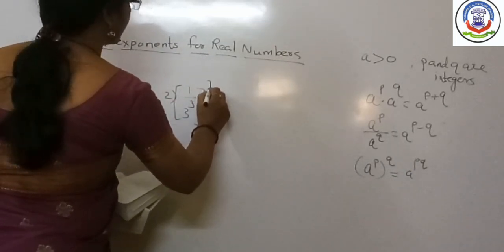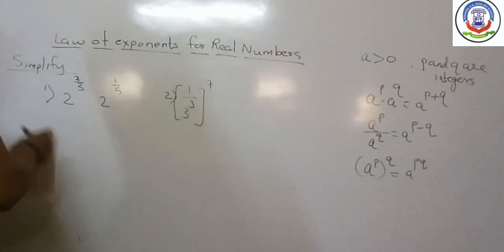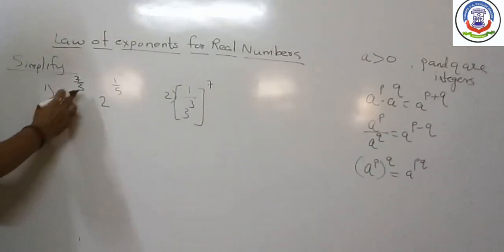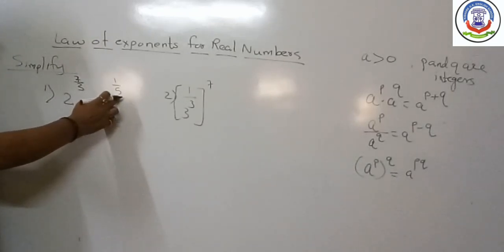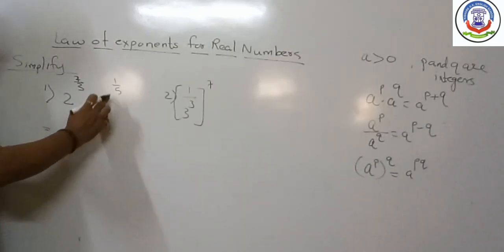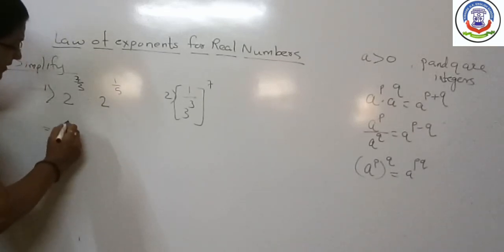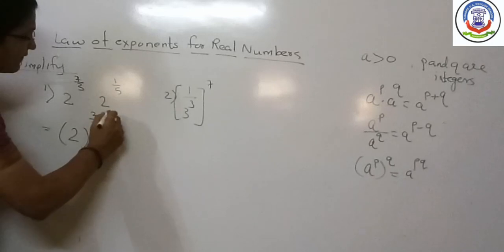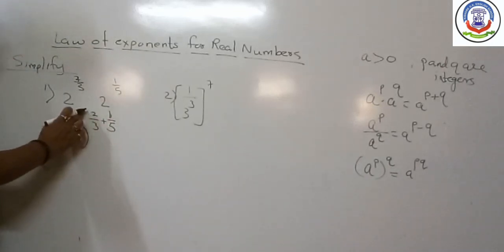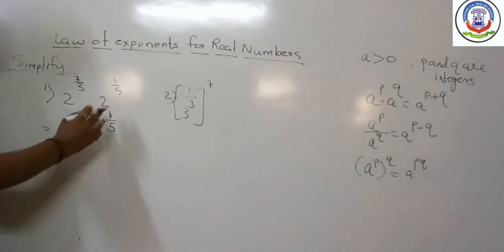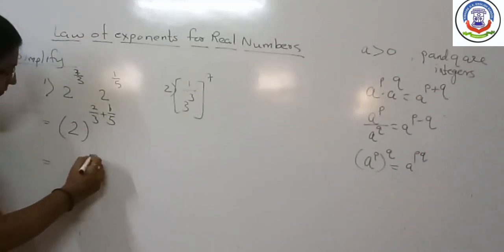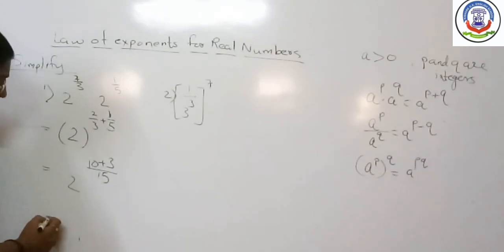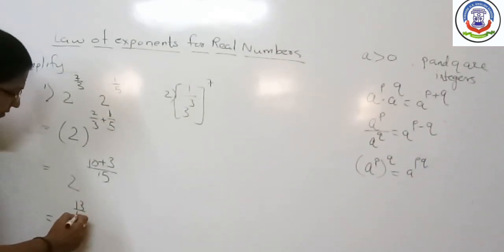Here it is a raised to m into a raised to n, so therefore it is a raised to m plus n. So 2 is the base, raised to the exponent 2 by 3 plus 1 by 5. Find out the LCM: 15. So it is 10 plus 3 upon 15. So the answer is 2 raised to 13 upon 15.